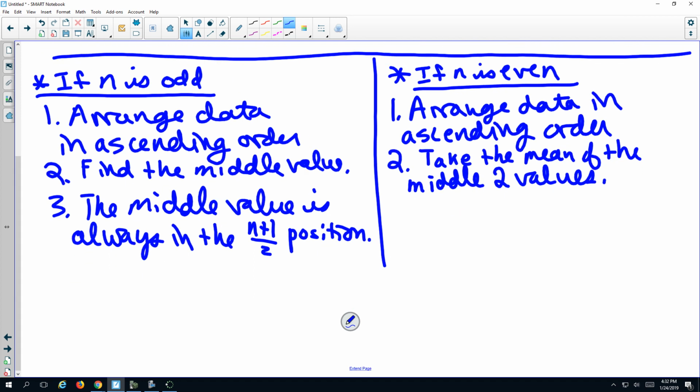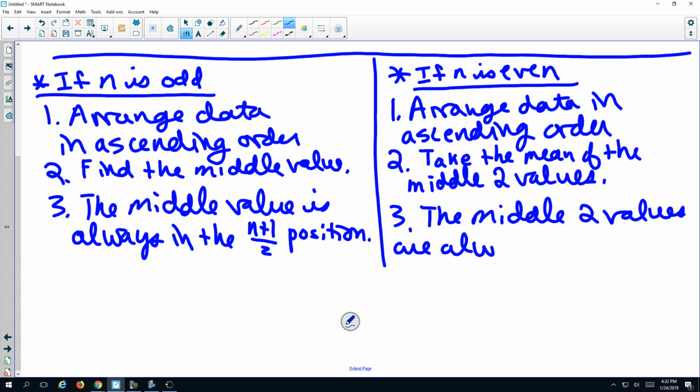So my trick for finding the middle two, we'll say the middle two values are always in the n over 2 and the next one.